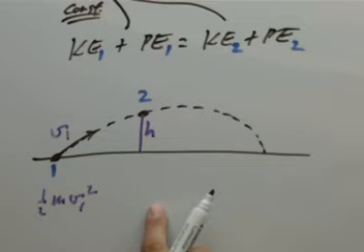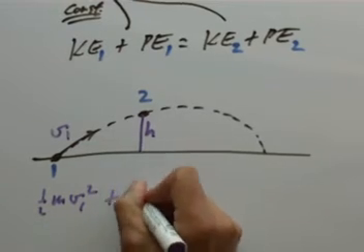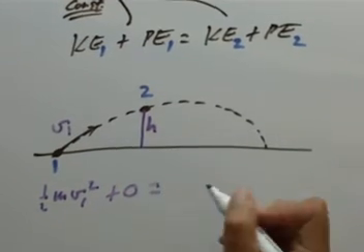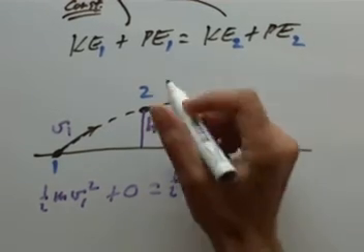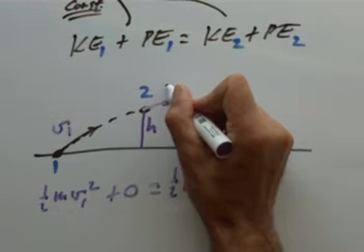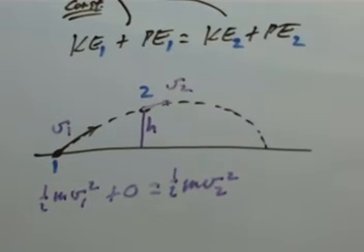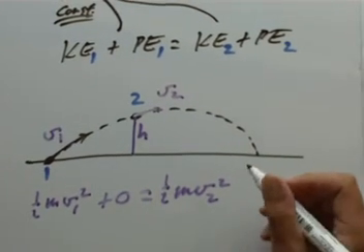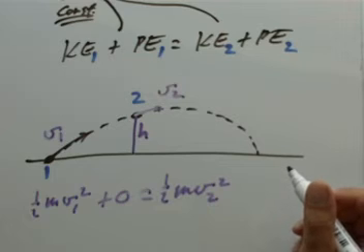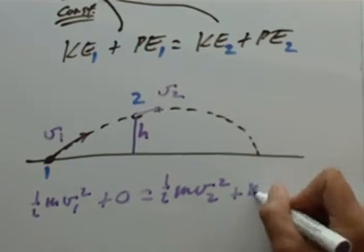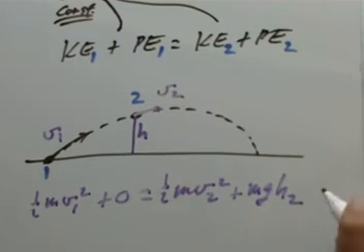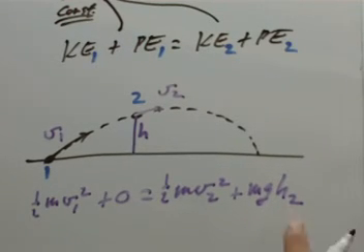I'd like to add a plus potential term, but there's no potential there because the ball's on the ground. If I continue, the kinetic energy at point 2 would be 1/2 m v2 squared, because as it's zipping through the air here, it has some speed v2. And the potential energy at that point will be non-zero because it has risen h above the ground, so we should label this mg times h2, noting very carefully that the height here is the height at point 2, not at point 1.